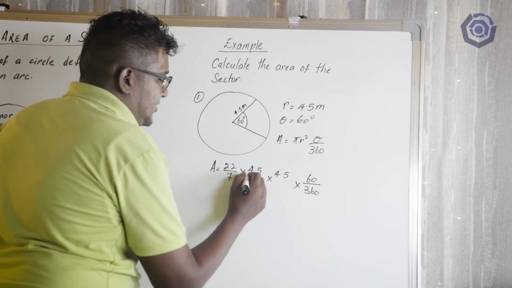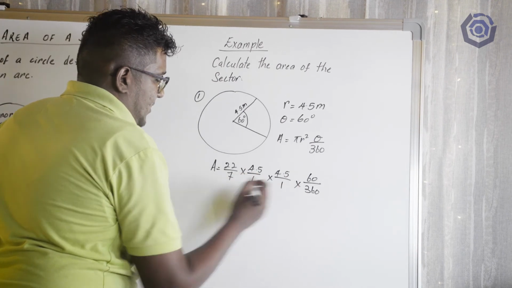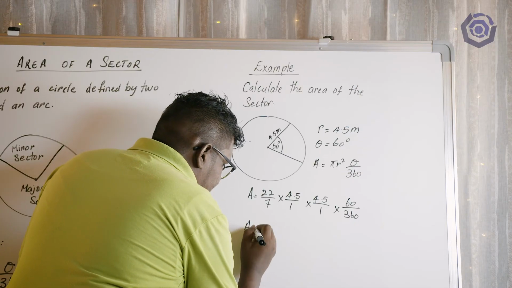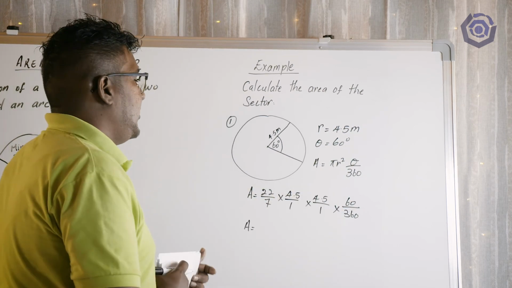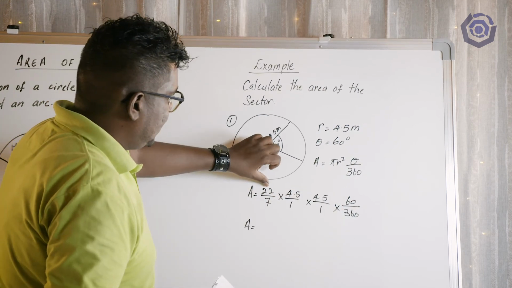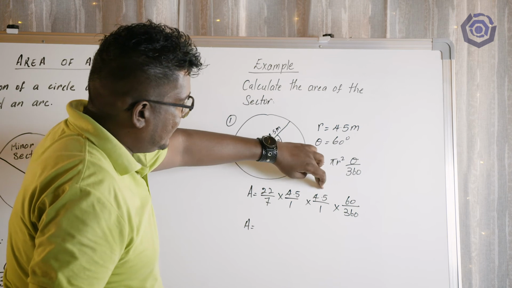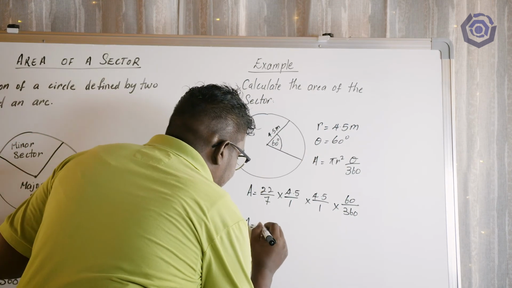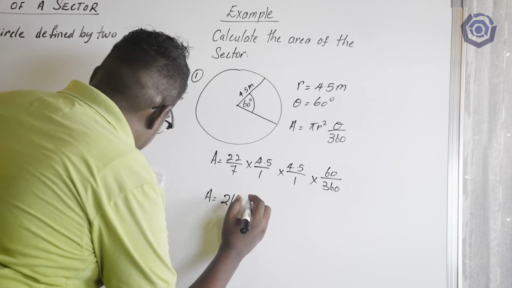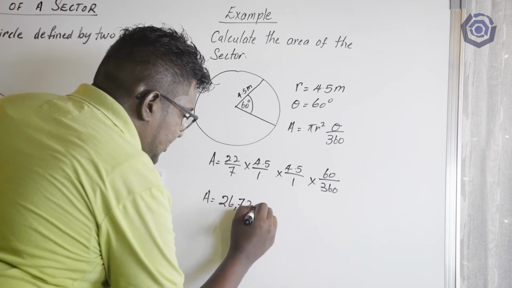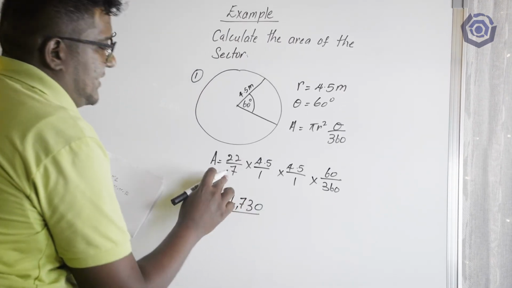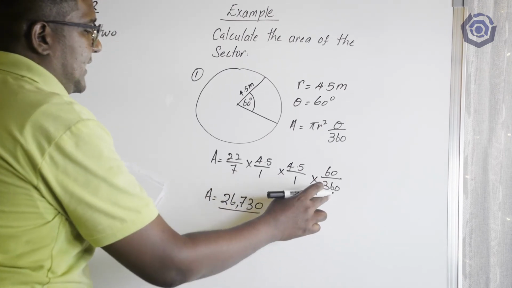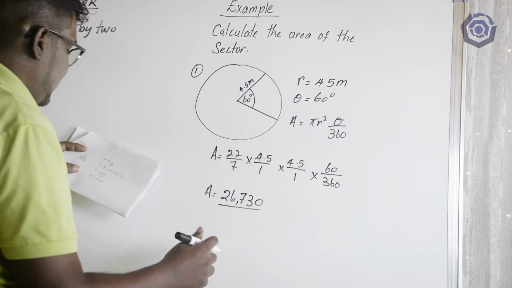Make these two into fractions, we put them over 1. Then we go to multiplying all our numerators. That's going to be 22 times 4.5 times 4.5 times 60, and that's going to give me 26,730 divided by 7 times 1 times 1 times 360, which is 7 times 360.